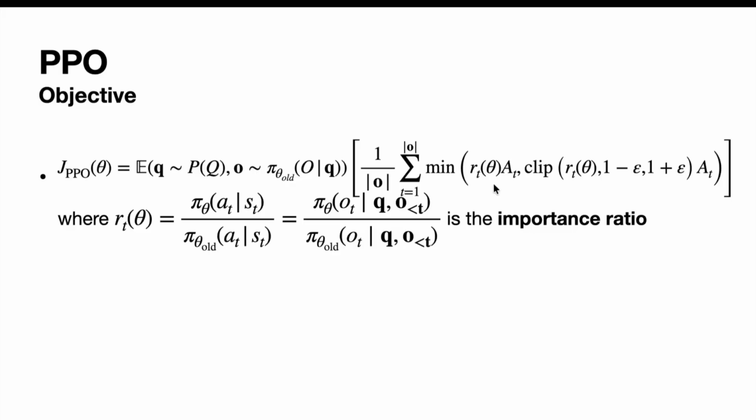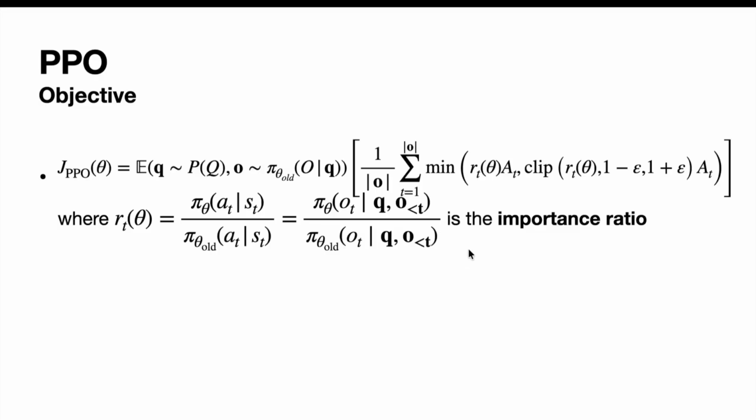The unclipped surrogate is the importance ratio r_t(theta) multiplied by the advantage A_t. Here, r_t(theta) is the probability of the current action under the current policy divided by the probability of the same action under the old policy: pi theta of a_t given s_t over pi theta old of a_t given s_t. In the LLM setting, this becomes pi theta of o_t given q and o less than t over pi theta old of o_t given q and o less than t.